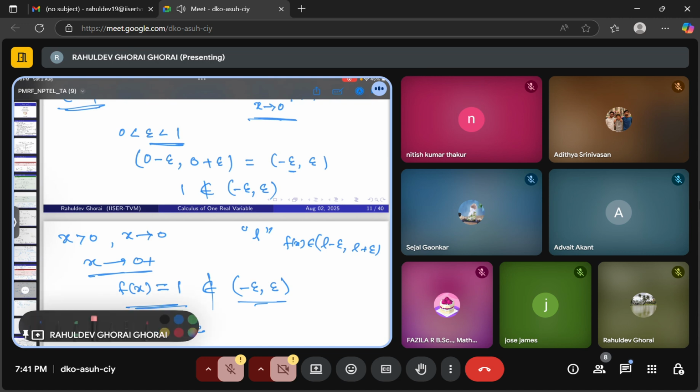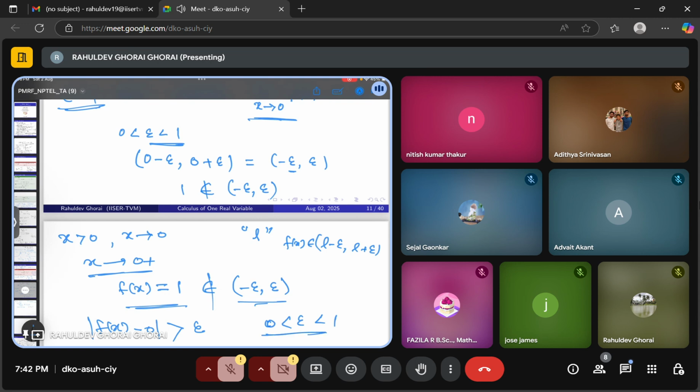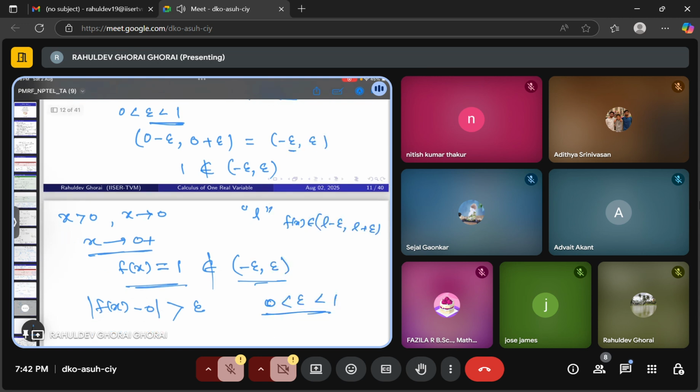If 0 was the limit, you should have f(x) minus 0 less than or equal to epsilon. But here you get f(x) minus 0 greater than epsilon, so f(x) does not belong to this epsilon neighborhood, but that should happen if the limit was 0, right?